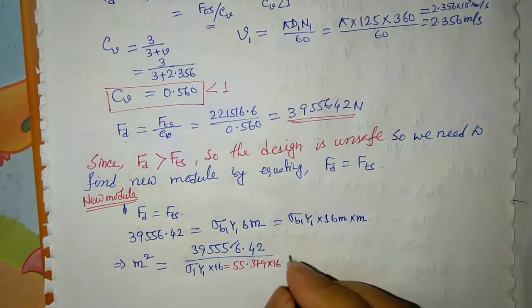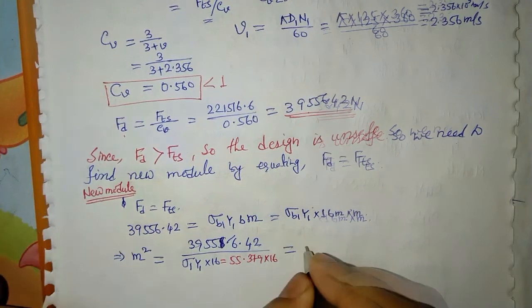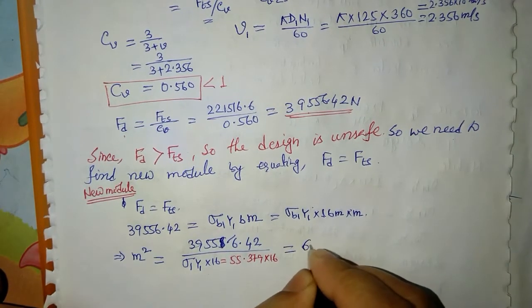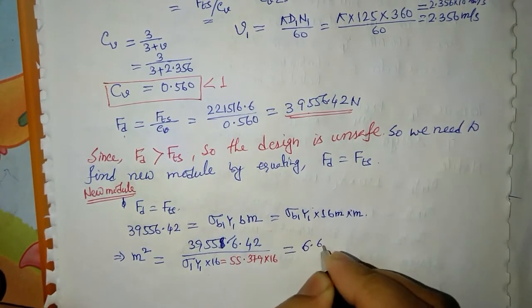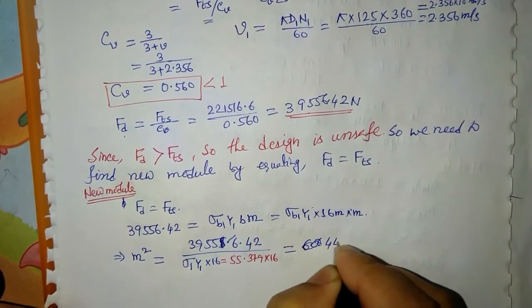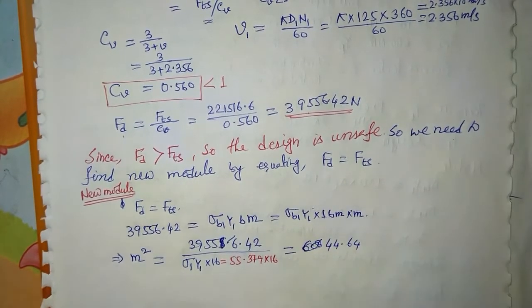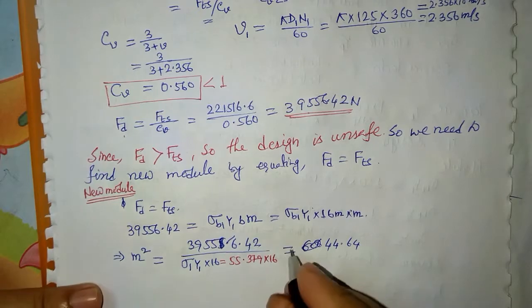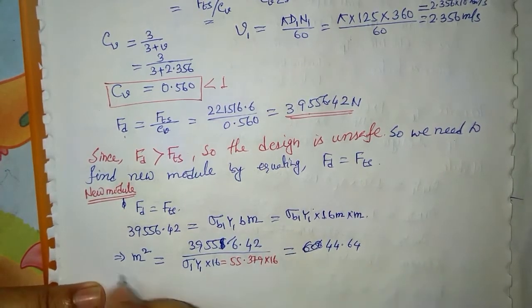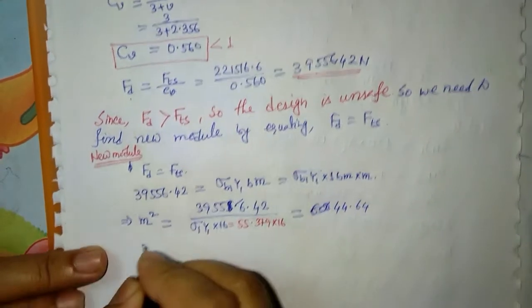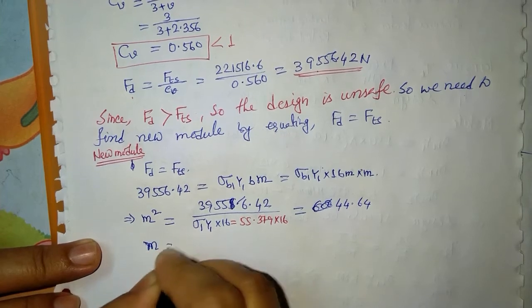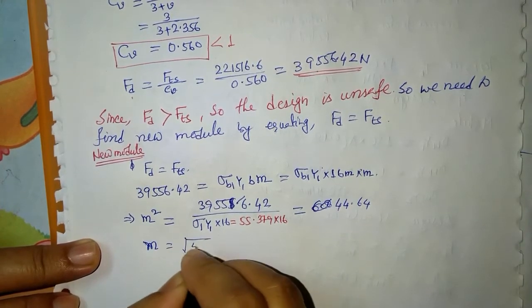Okay, and if you simplify this, you will get this. Okay, so this m square is equal to this much. If we calculate this, we will get this value. So let's find m. So m is square root of this one.